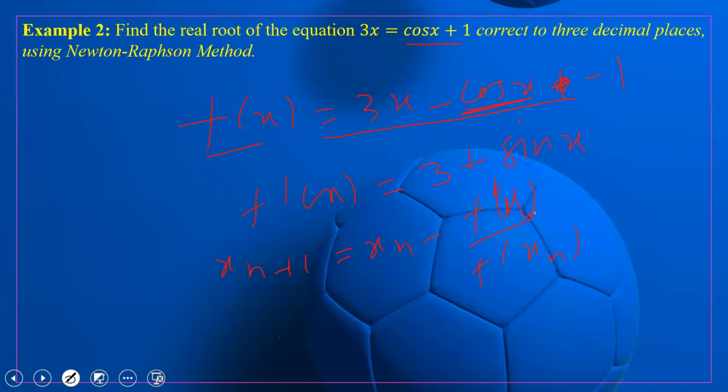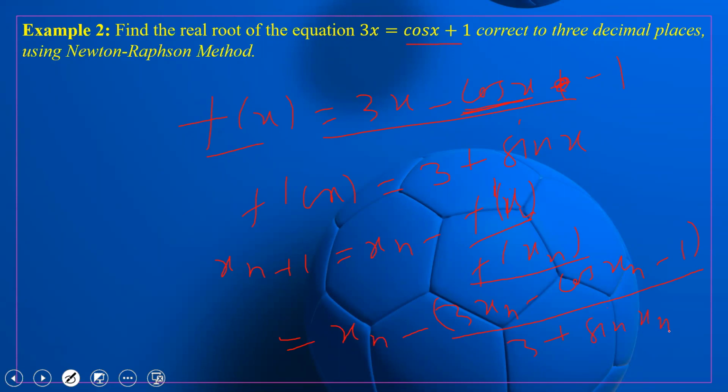So if you put it over here, xn plus 1 is equal to xn minus f of xn, which is 3xn minus cos xn minus 1, whole divided by f dash of xn, which is 3 plus sin xn.